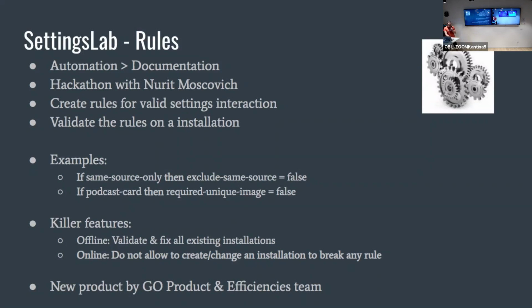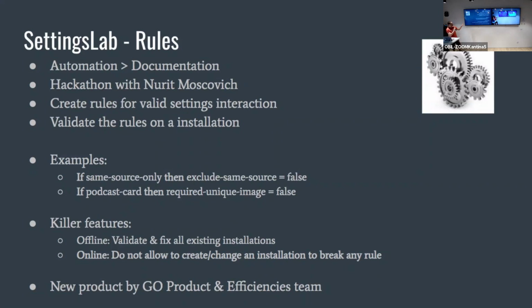An example for such a simple rule is this. There's a setting called same source only. Give me only recommendations from the source I'm installed on. It's like setting 800, for example.